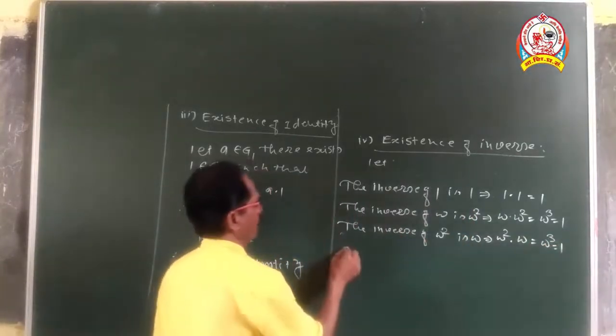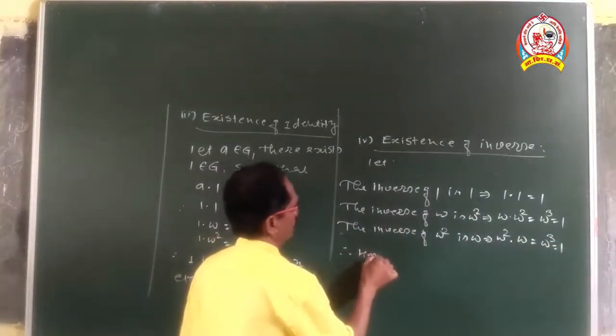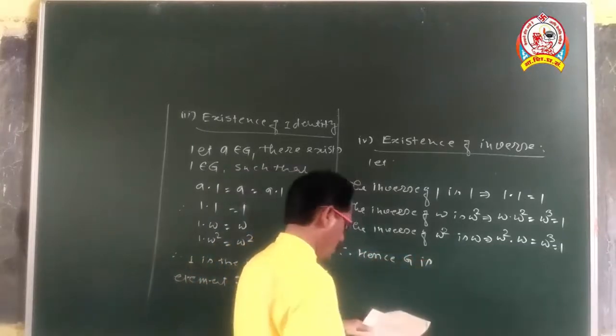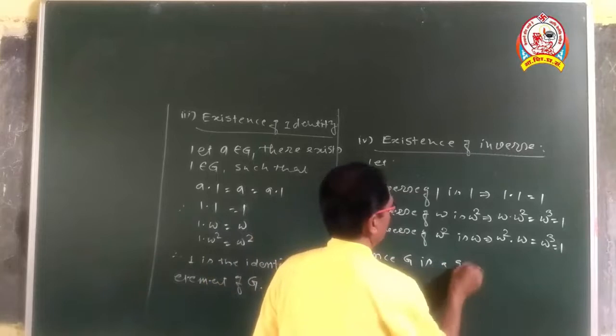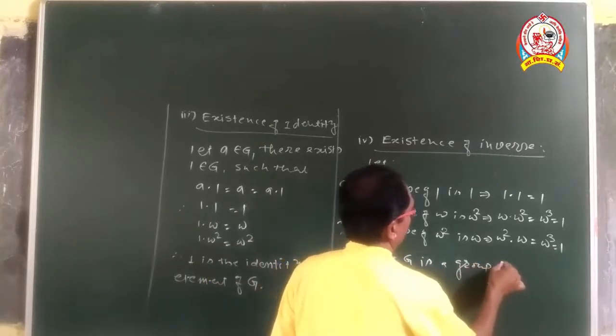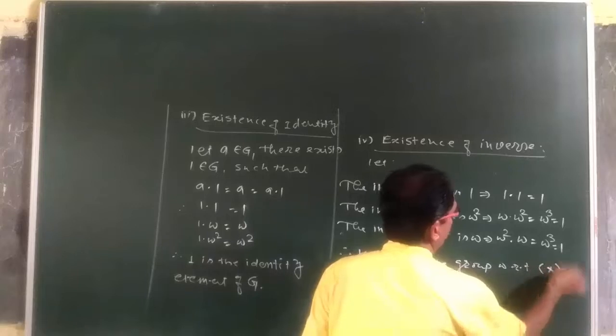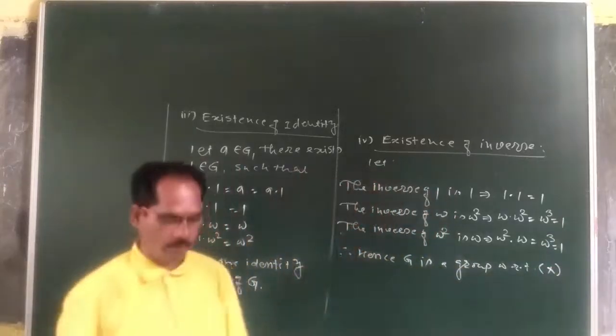Hence, G is a group with respect to the binary operation multiplication.